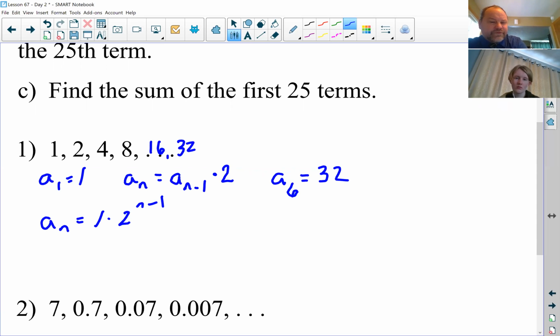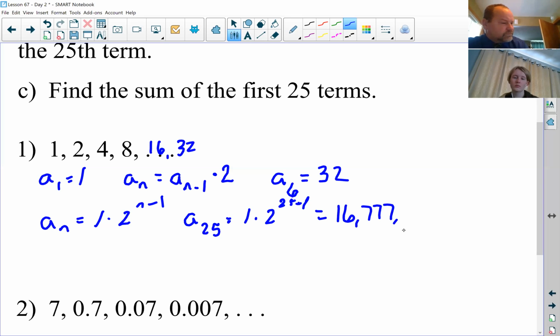To find the 25th term, we would have 1 times 2 to the 25 minus 1, or 2 to the 24th power, which is 16,777,216. Good thing we didn't have to use the recursive definition for that one. That would not have been fun.